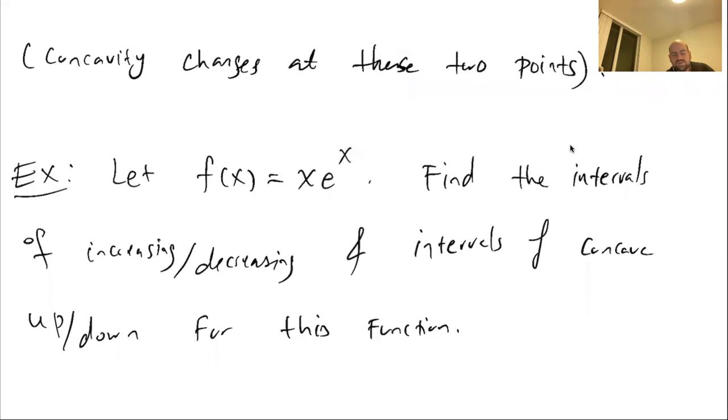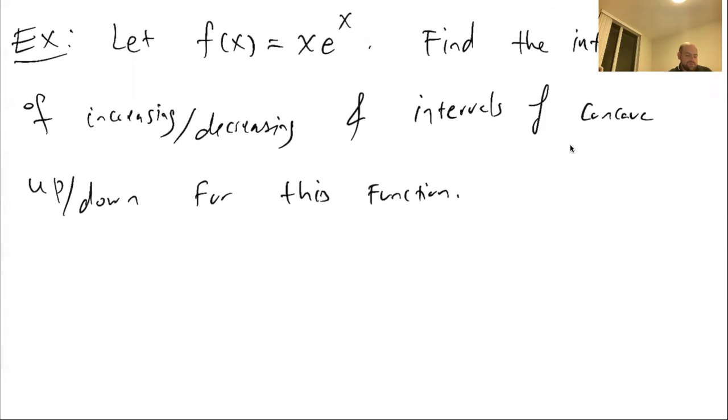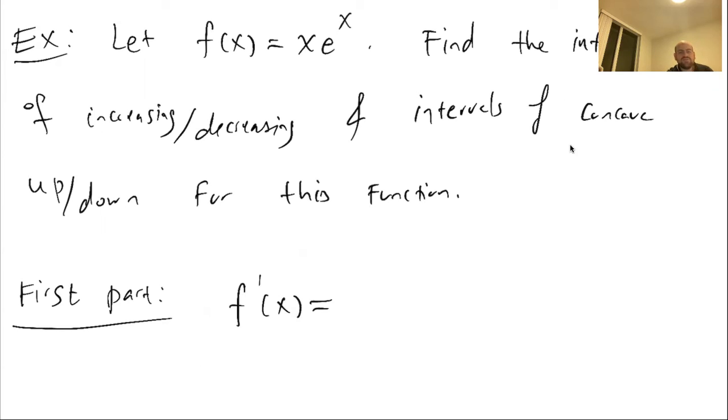For increasing, decreasing, we need f prime, and we need to know where it's positive, where it's negative. For concave up, down, we need f double prime, and we need to know where it is positive and where it's negative. So for the first part, we have to find f prime of x. How can I find f prime of x? Well, f of x is the product of two functions.